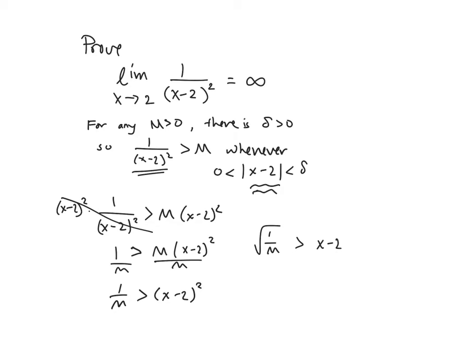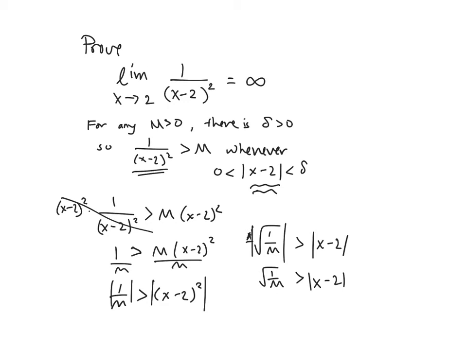But really, I think I'm doing some stuff that I shouldn't be doing there, because this was supposed to be plus or minus, and I'm getting a little bit confused. But oh, yes. Technically, if I take the absolute value, that just makes it positive, and I get the absolute value of x minus 2, and then the square root of 1 over M, because it's positive or negative, I get just the positive square root.